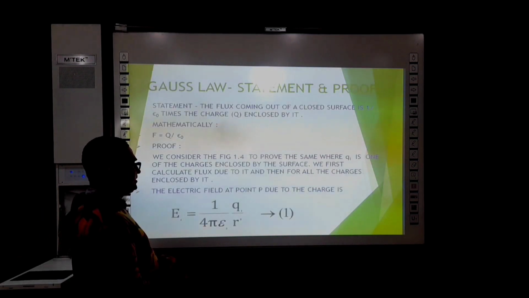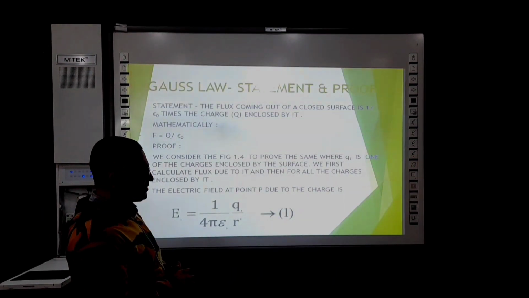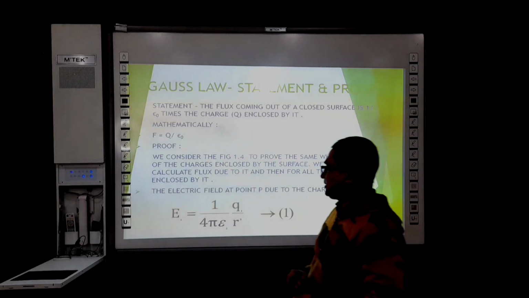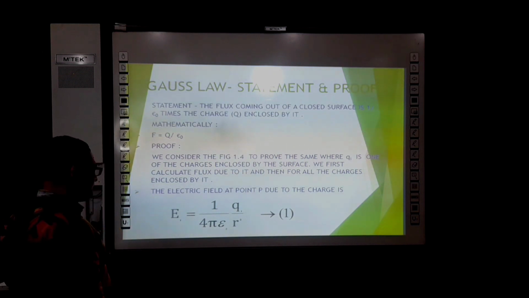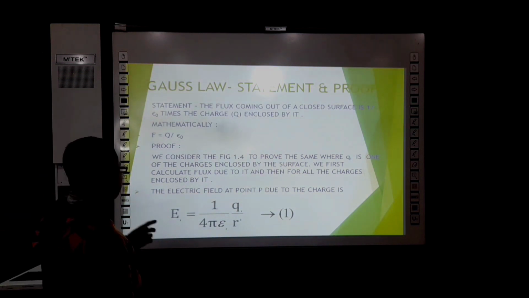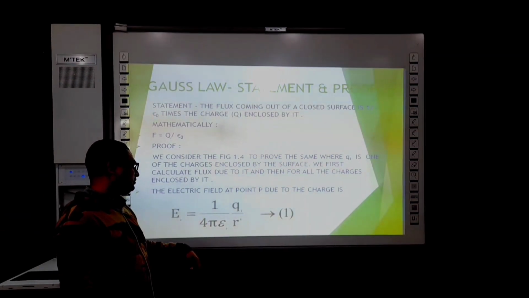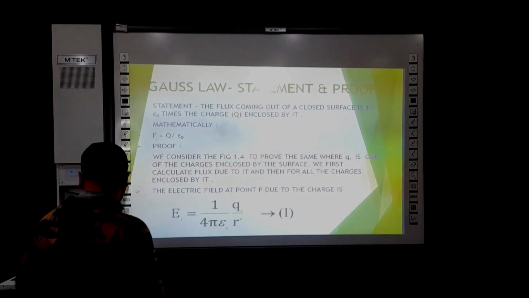Now coming back to this main thing, since the Qi is a charge, definitely it produces an electric field, and at the point where ds is situated, let me say that point is P. So at the point P, the electric field will be by definition 1 by 4 pi epsilon naught Qi by r square.